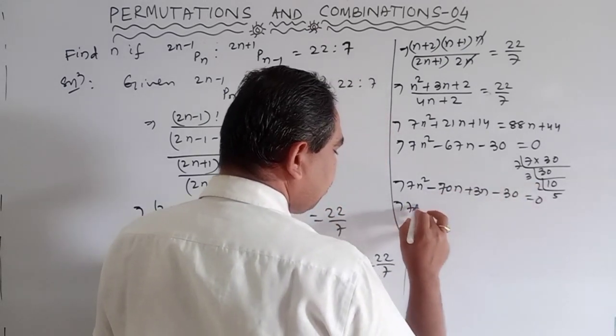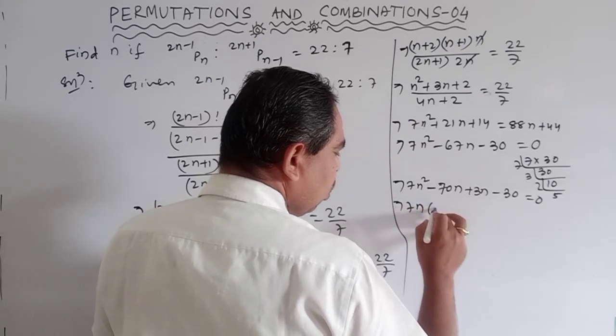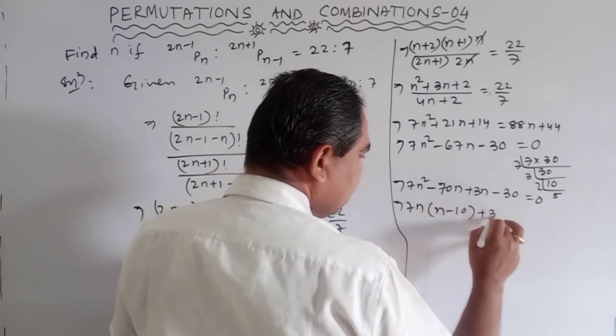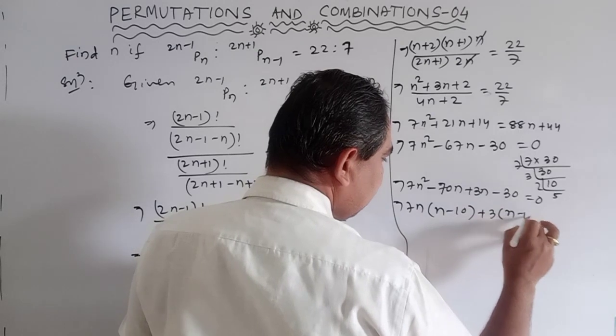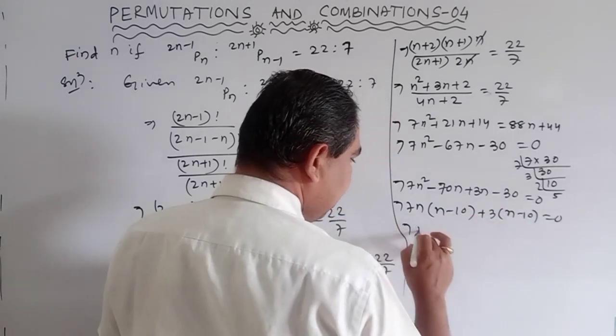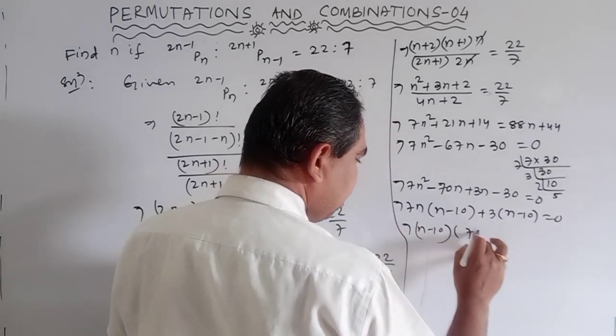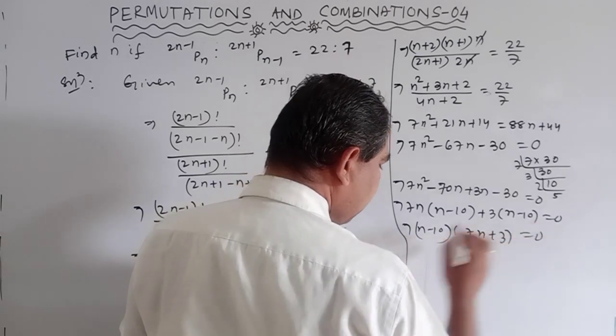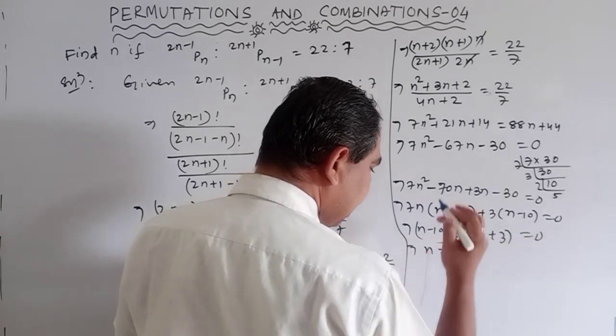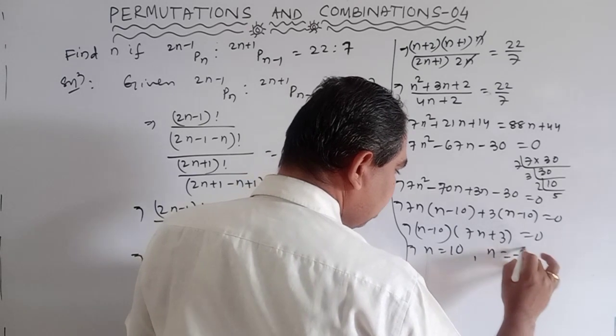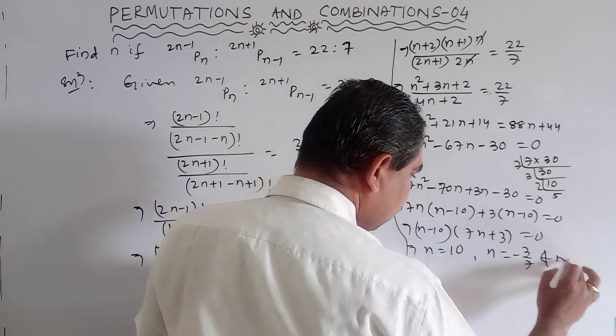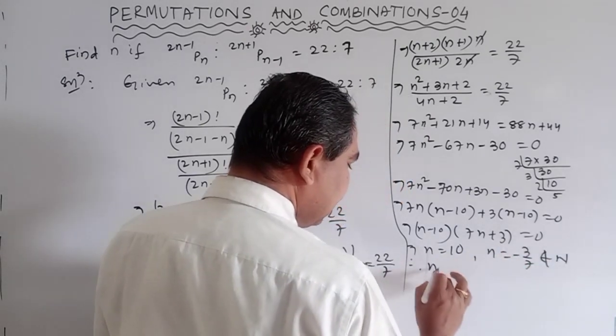So 7n, taking n minus 10 and plus 3, taking 3 common, n minus 10 is equal to 0. So this implies (n minus 10) into (7n plus 3) is equal to 0. So n is equal to 10 or n is equal to minus 3 by 7, which does not belong to natural numbers. Therefore, n is equal to 10.